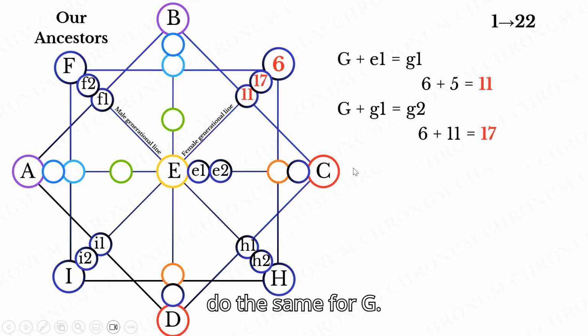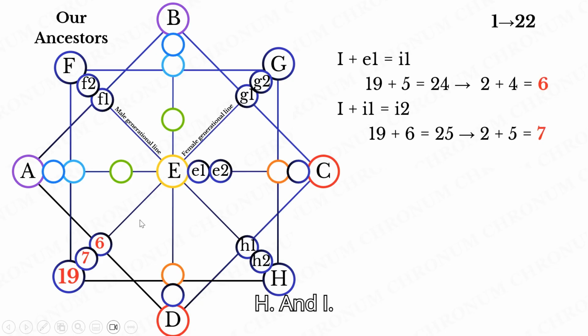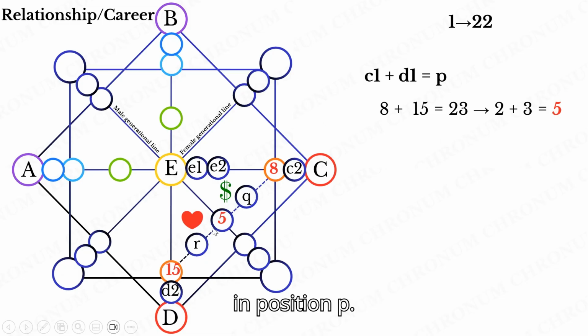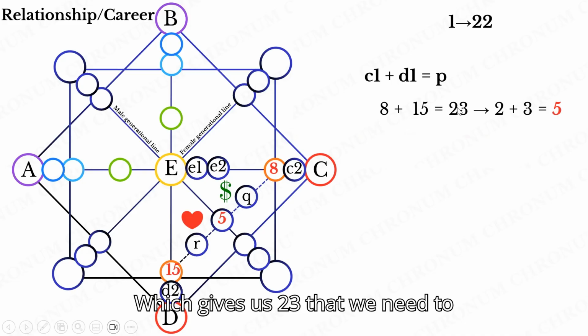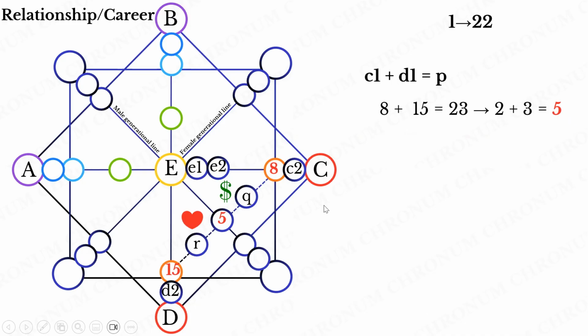We repeat the same for G, H, and I. Finally, we calculate the number in position P here, which is the sum of C1, 8, and D1, 15, which gives us 23 that we need to reduce. 2 plus 3, which gives us 5.